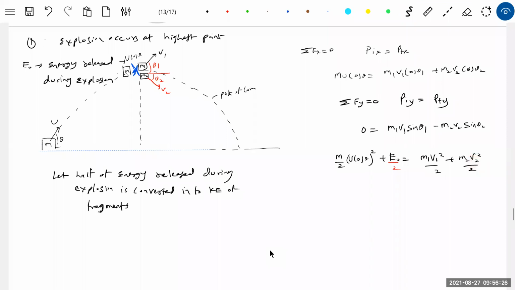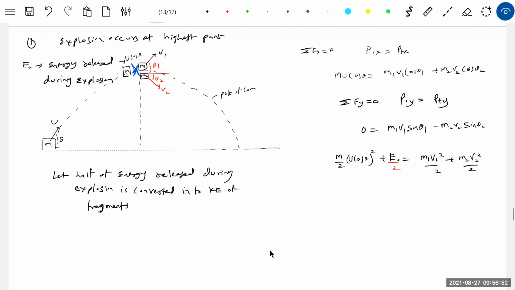Explosion will not take 1 hour, the Deepavali cracker is not burnt for that long. Explosion takes a fraction of time, no? And what is the change in momentum due to gravity? Nothing. The internal forces will be very much greater than gravity. So the change in momentum that occurs will be due to internal forces, not due to gravity.